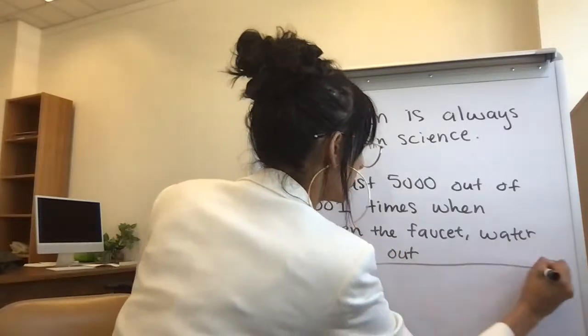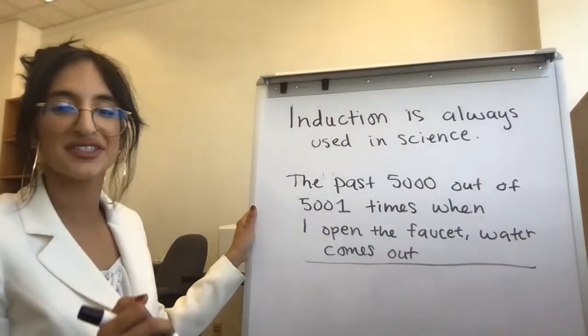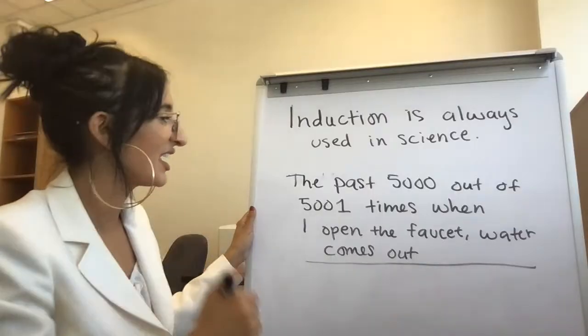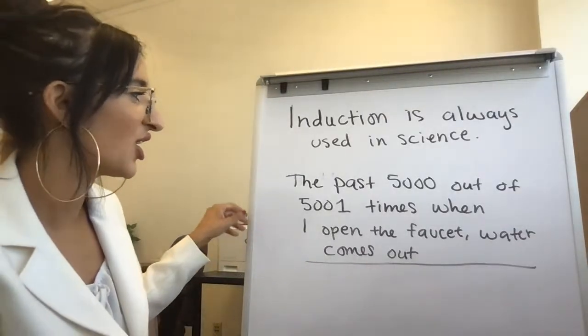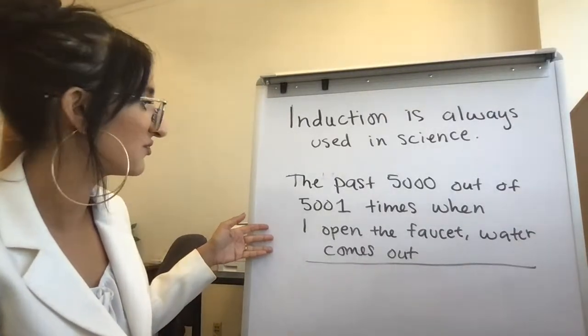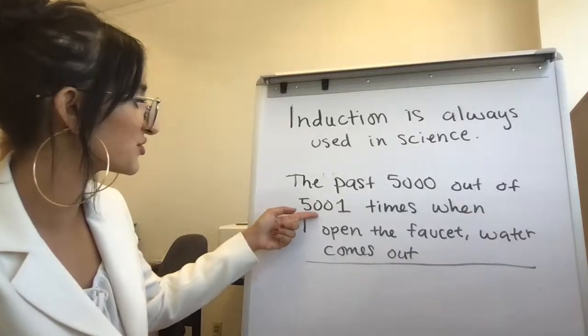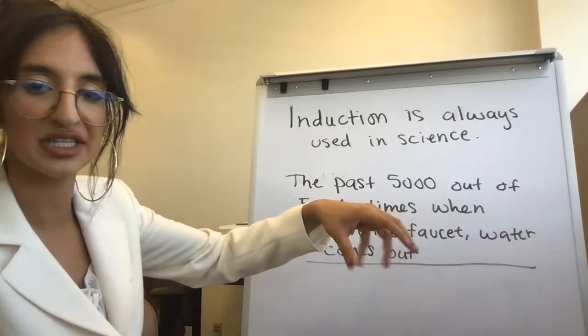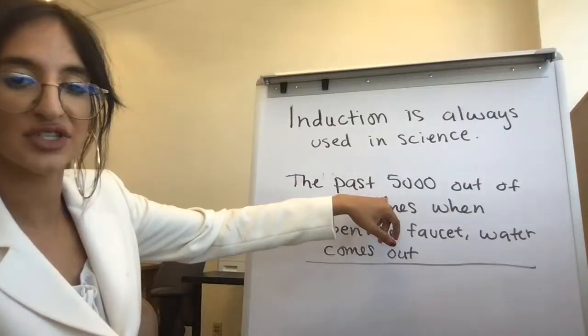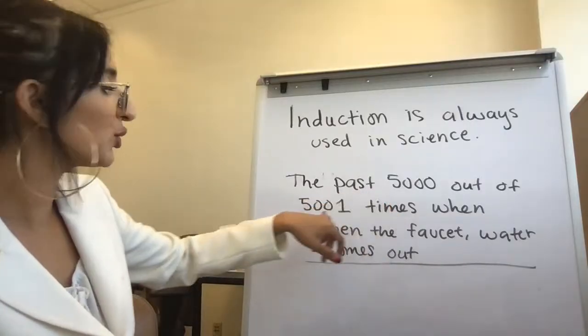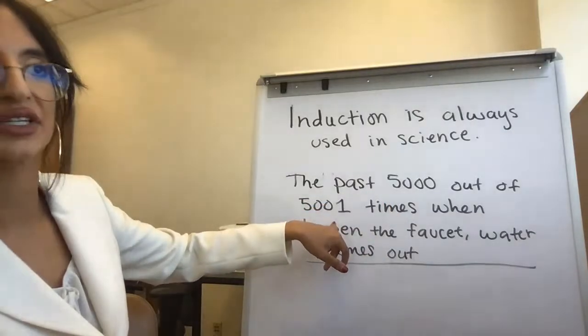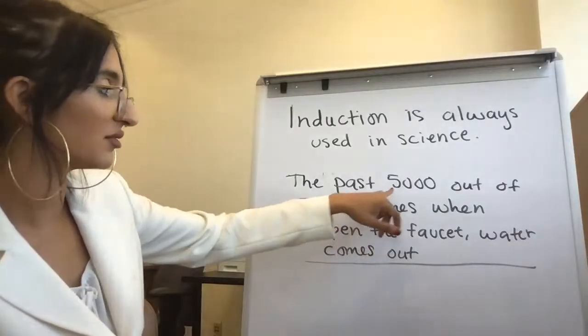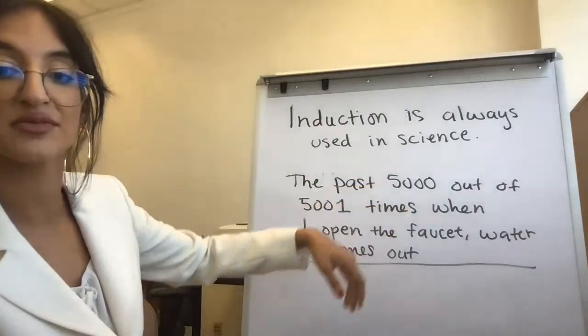Okay. So suppose for whatever reason, I'm a nerd and I notice that for the past 5,001 times in the morning when I turn on the faucet to brush my teeth, 5,000 of those times water has come out. Only one time the water didn't come out, but all the other times it did.